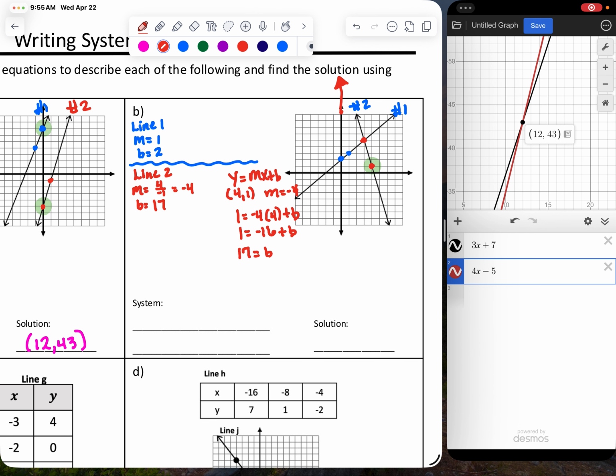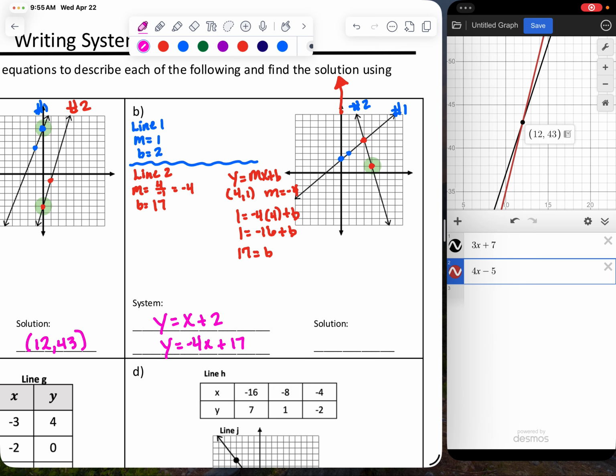So now we're ready to write the system. Let's go back to line 1. We had a slope of 1 and a y-intercept of 2, so that's going to give me y equals x plus 2. For my second line, we had a slope of -4 and a y-intercept of +17.